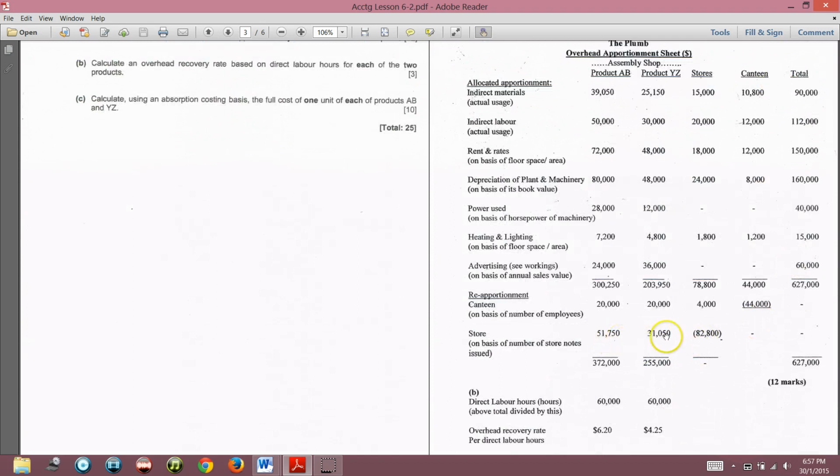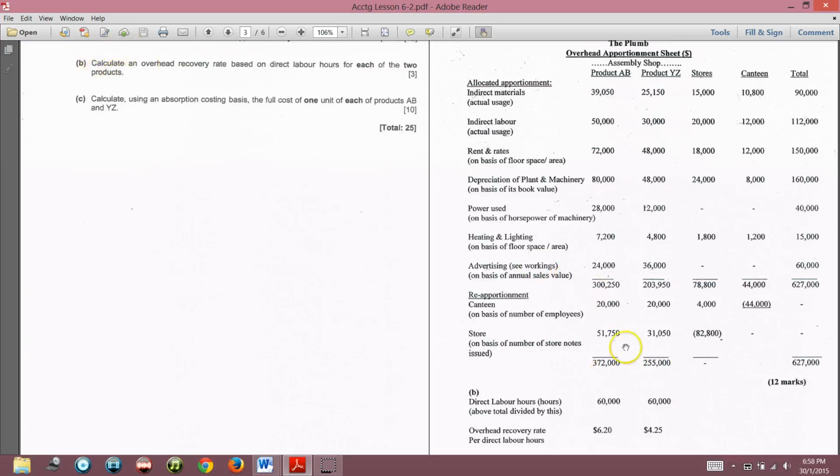So you get this number, and similarly for this one you get it using the same formula. Now for these two, canteen and stores, there are no more overheads because they have been reapportioned to these two revenue generating products. So the overheads for these two revenue generating products is so much.